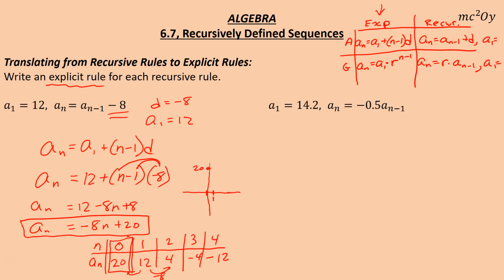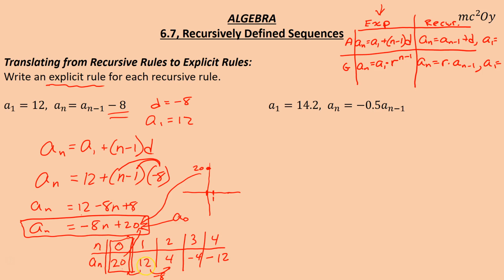And where do we see that y-intercept? We actually see that y-intercept right there. So that number right there, that 20, is a sub 0. Why is that important? Because every one of these equations needs a sub 1, and if I know a sub 0, to get to a sub 1, I just add the difference.